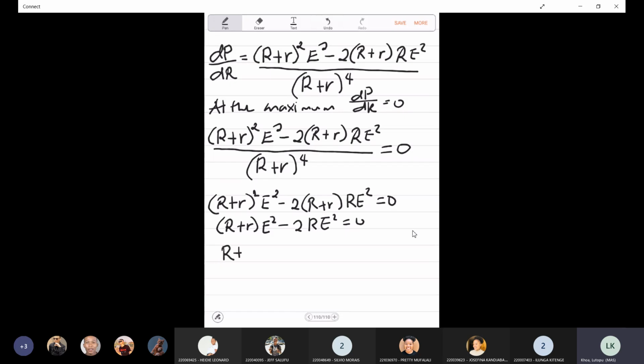So I have big R plus small r minus 2 big R is equal to 0. So this leaves me with R minus R plus r, small r is equal to 0.